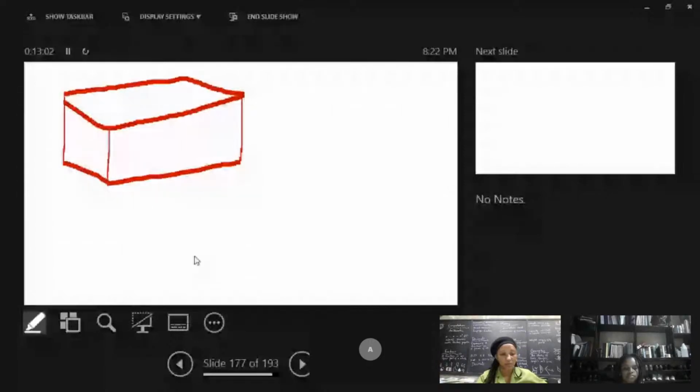So it's a cuboid, and let's say that's 6 meters, that's 4 meters, that's 5 meters, and this is also 6 meters and 4 meters. How would we find the volume of that cuboid?